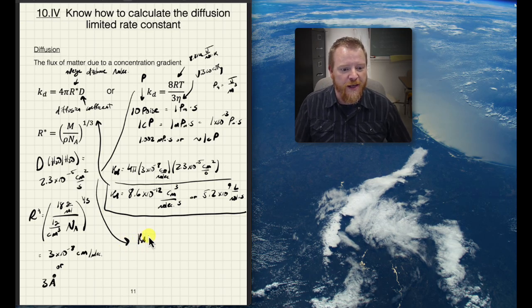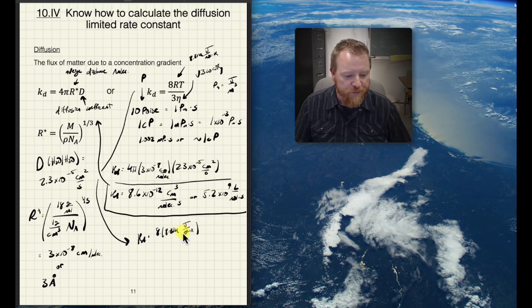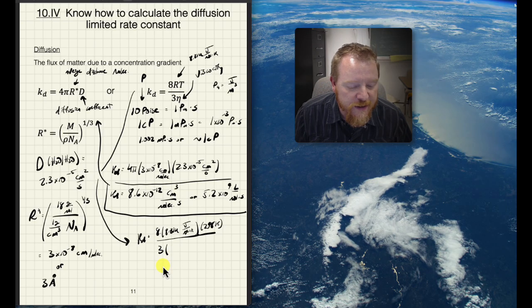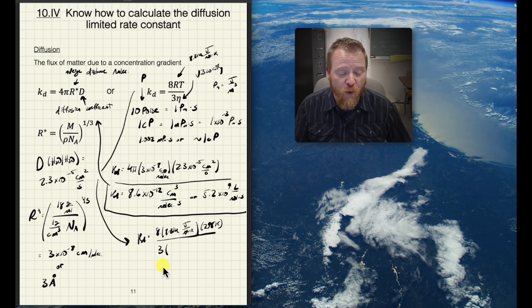So we could also say Kd is equal to 8 times 8.314 joule per mole per K, and then that's all times 298 K. And then that's all divided by 3 times 1 centipoise, which is about 1 times 10 to the minus 3 joule second per meter cubed.